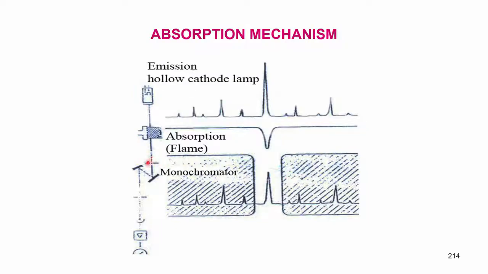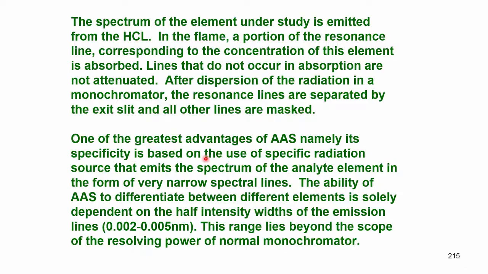So, if slit widths are large in atomic absorption, the mechanical slit width, what I am talking about is this slit width, if this slit width is very large, then other flame absorption may come in, but if this is narrow, there will not be any other absorptions.